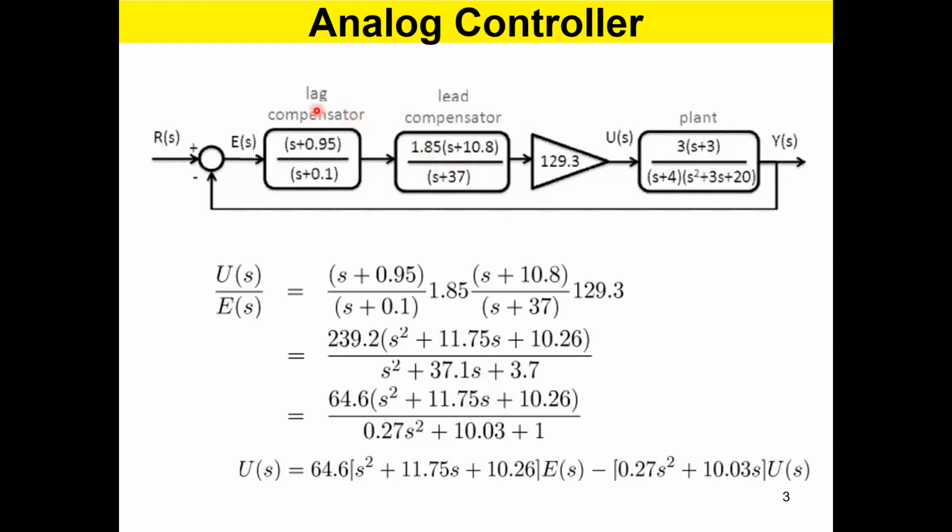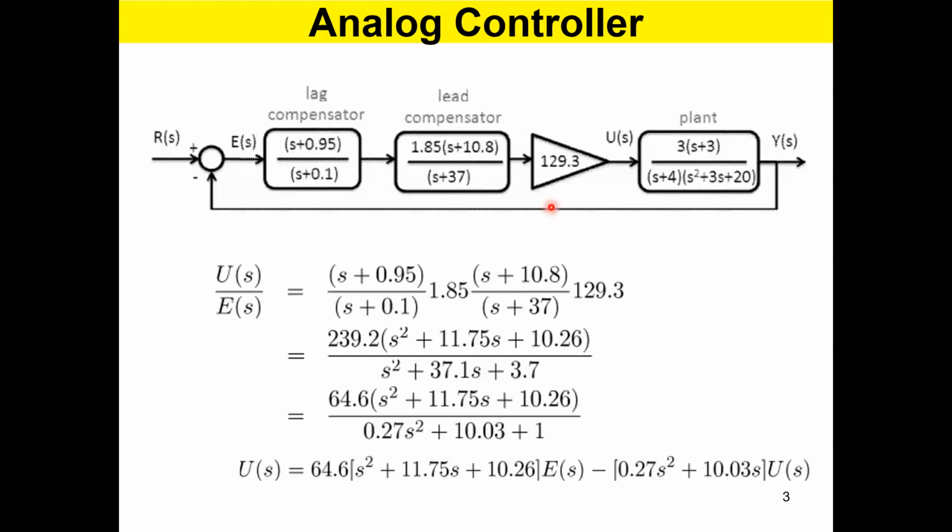For that, we use a lag compensator. Then suppose this whole thing is the controller. So the gain that you use to increase the bandwidth, the lead compensator and the lag compensator combined together is the controller.